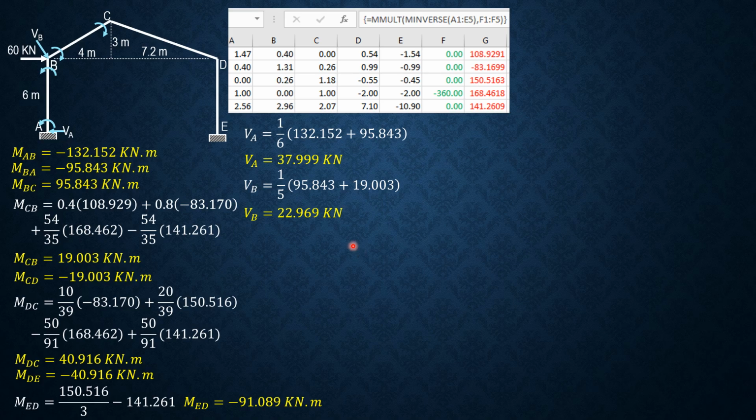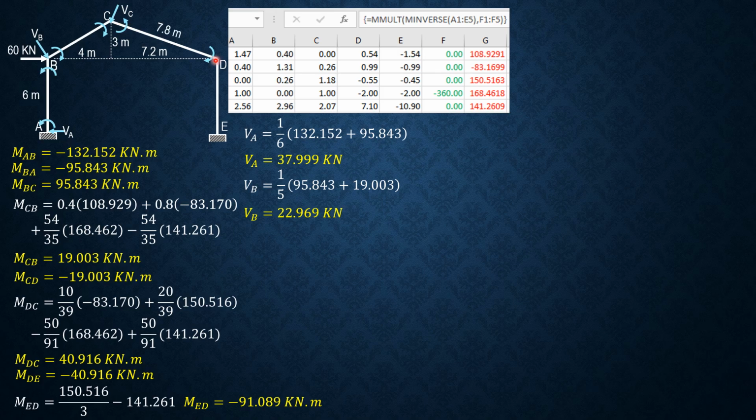Then shear at C, let's have the moments first at C and DC. MCD is negative 19.003, so counterclockwise, while MDC is positive, so it is clockwise. So the direction for shear at C will be as shown, and it is 1 over 7.8.